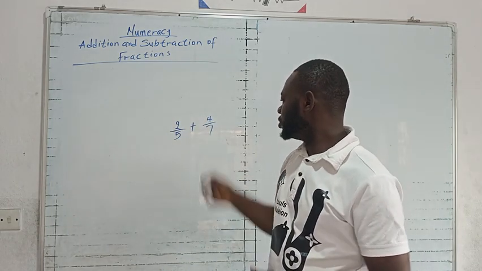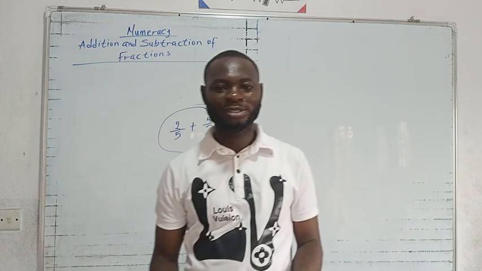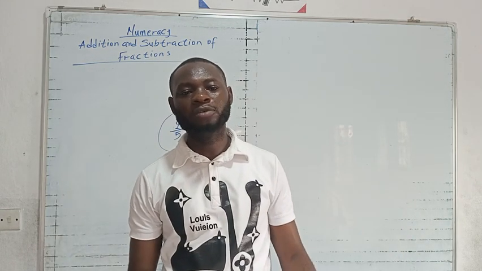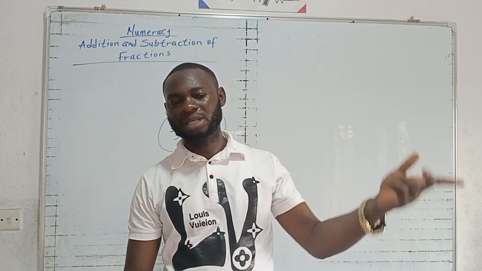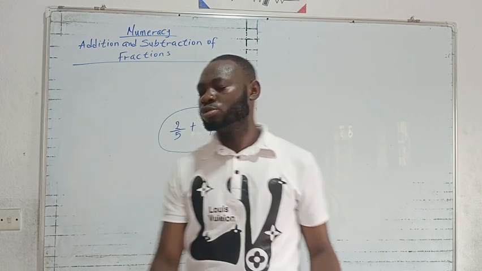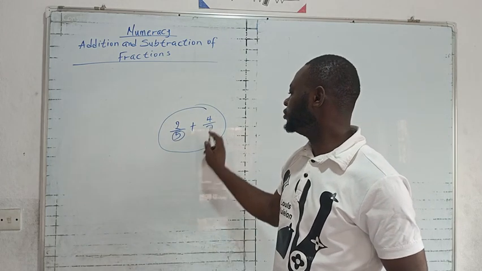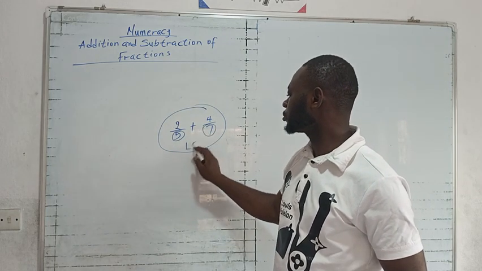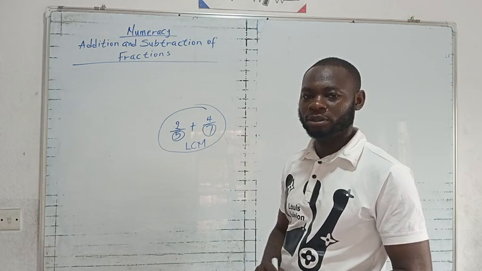Whenever we are faced with something of this nature to solve, we have to employ what we know in factors and multiples of numbers. So to solve this, we find the LCM of the denominators.